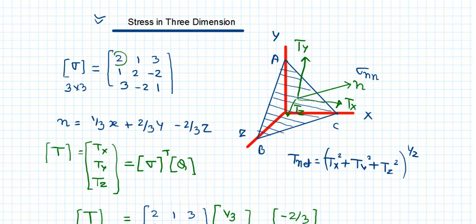So the first component is nothing but sigma xx, this will be sigma yy, sigma zz. This will be shear xy, it will be shear xz.